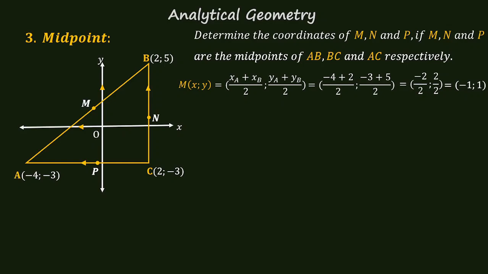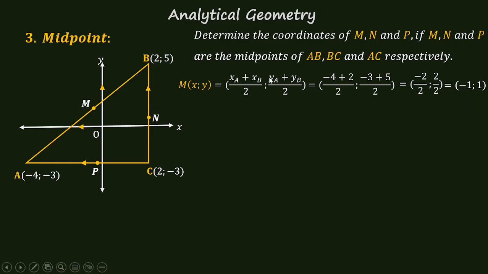So to find the midpoint of 2 points, you simply find the average of the x coordinates to get the x value of that midpoint, and then you also find the average of the y values to find the y value of that coordinate.